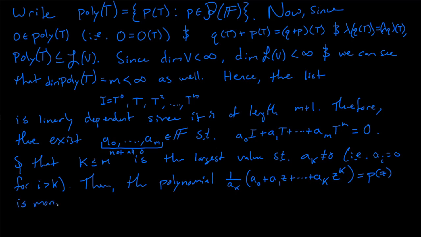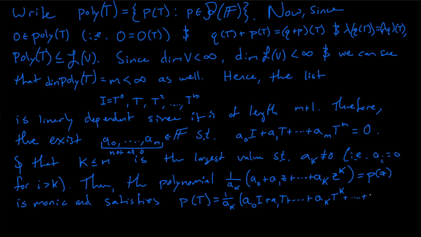It is monic and satisfies p of t equals 1 over a_k times (a_0 I + a_1 t + ... + a_k t^k), and since all the a_i for i greater than k are 0, I might as well write them anyway, all the way to a_m t^m.